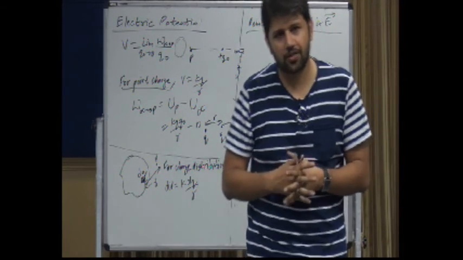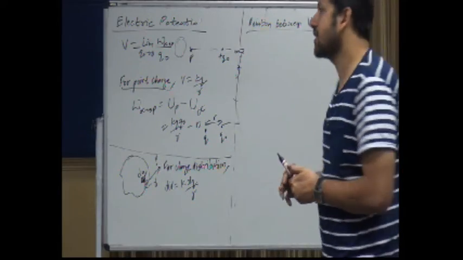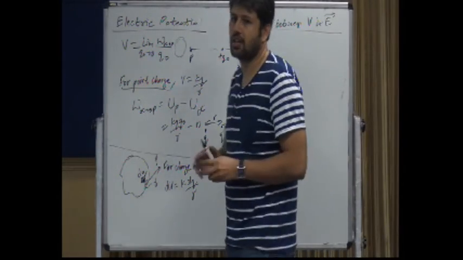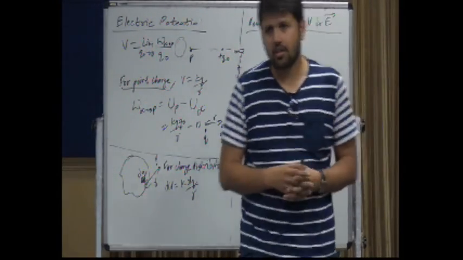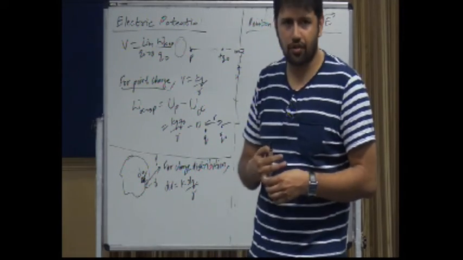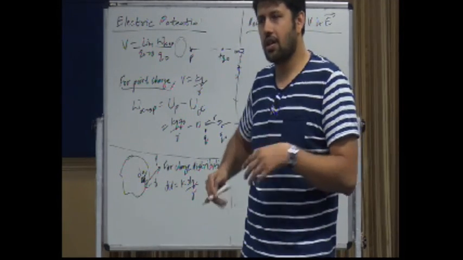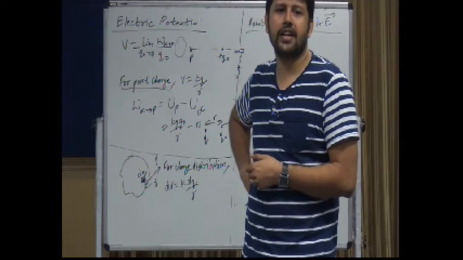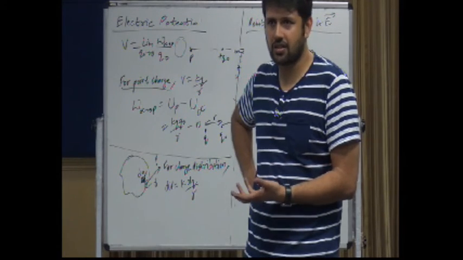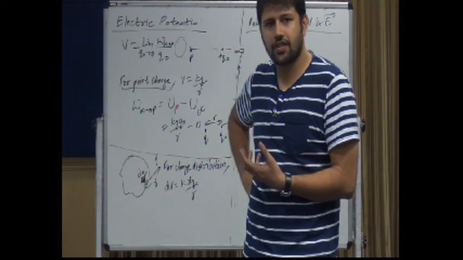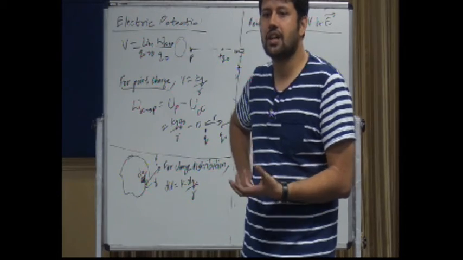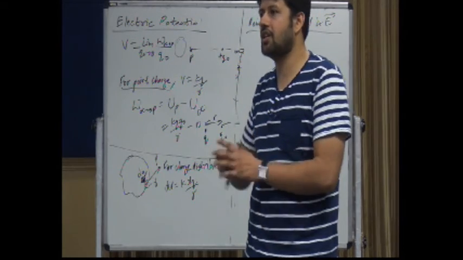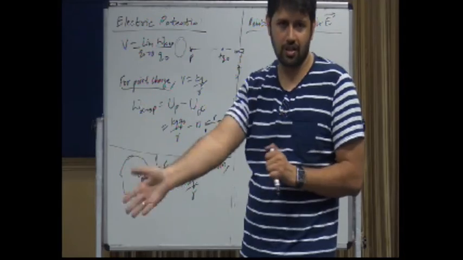So apart from field, which gives us the direction in which a charge would be pushed or pulled and the amount of force, field gives us an indication of the amount of force acting on a charge. Potential gives us an indication of the amount of work that needs to be done in bringing a charge from some point to this point. Is it okay?